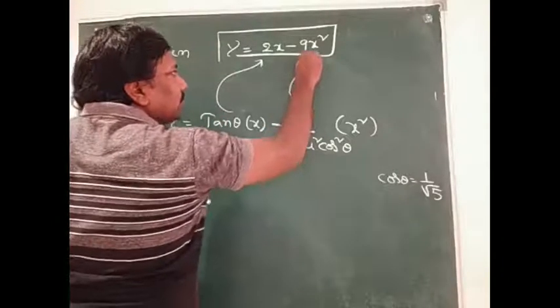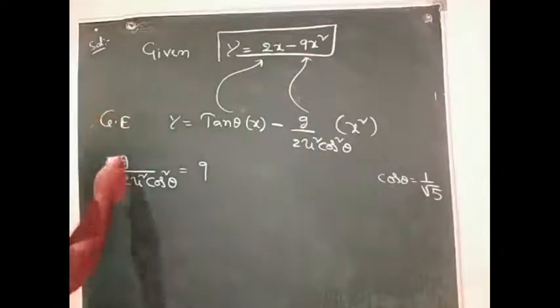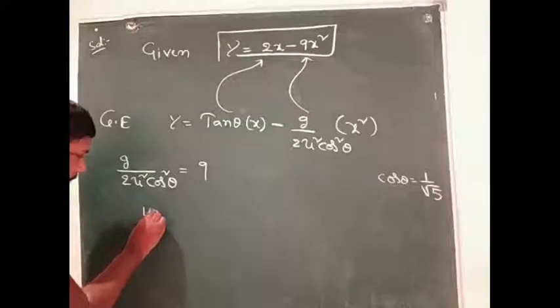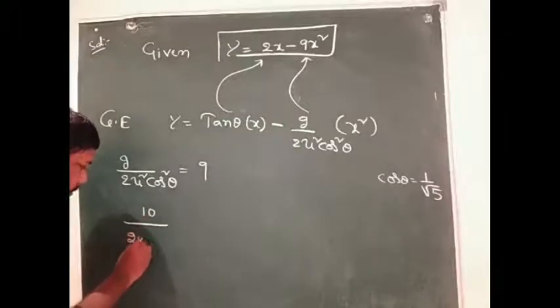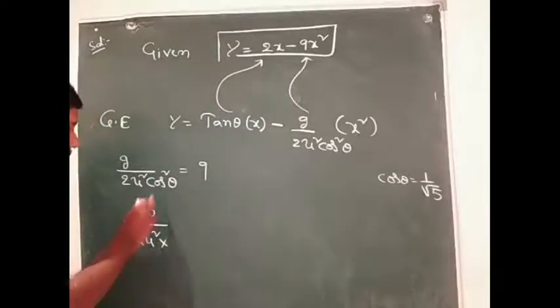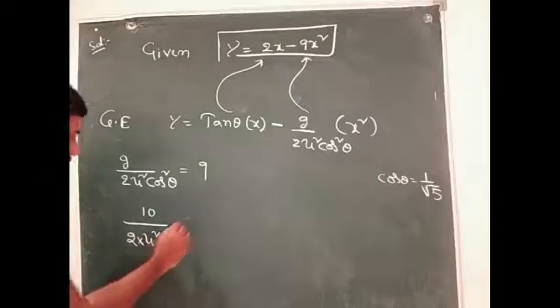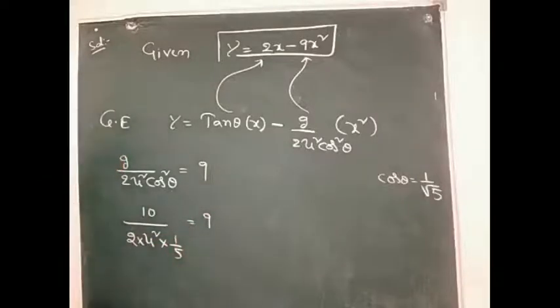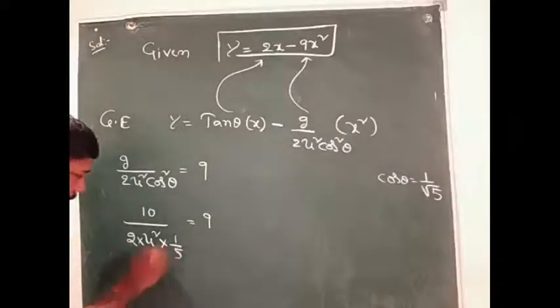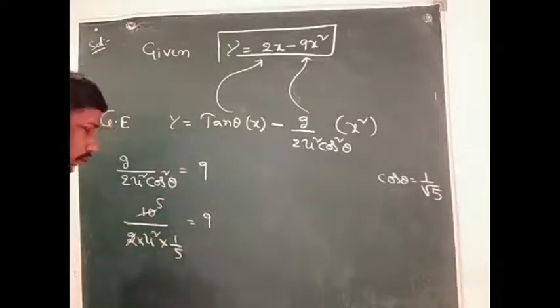Here g equal to 10, so 10 by 2 into u square into cos square theta equal to 1 by 5, is equal to 9. So 5 into 5 is 25.